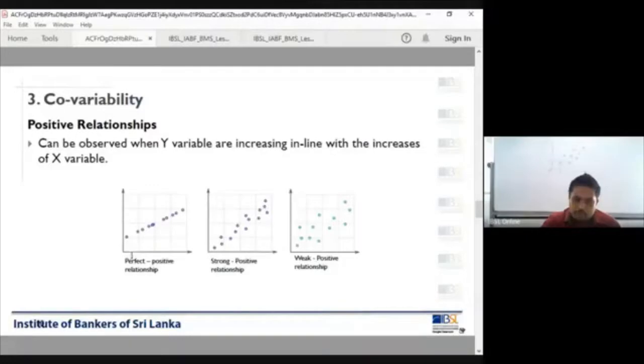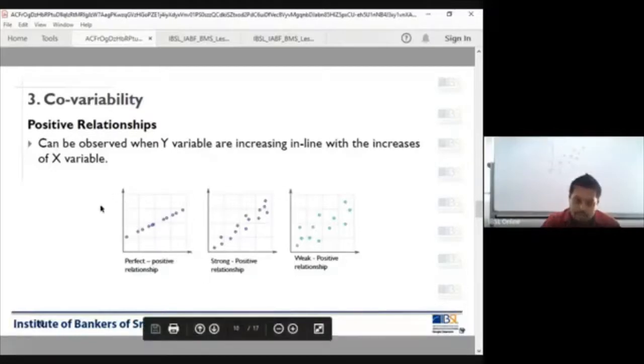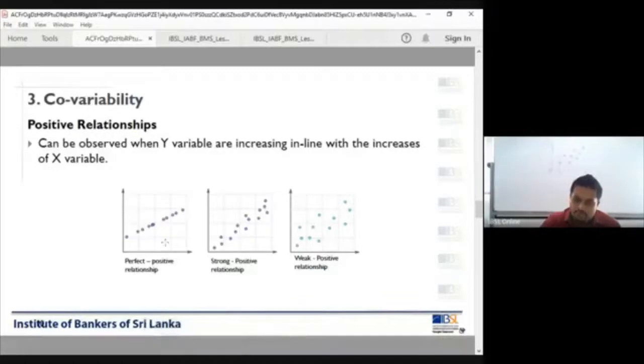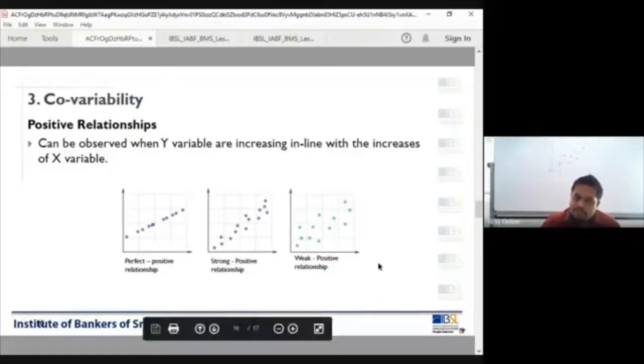For the smaller values of x, you may see smaller values of y, or for the higher values of x, you may see higher values of y. But this positive relationship also could be denoted in different circumstances.